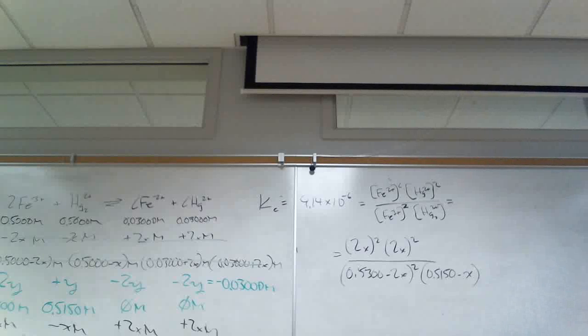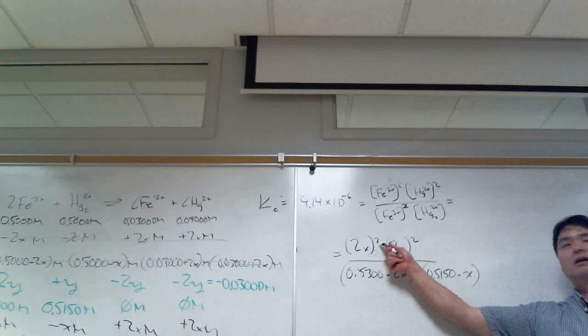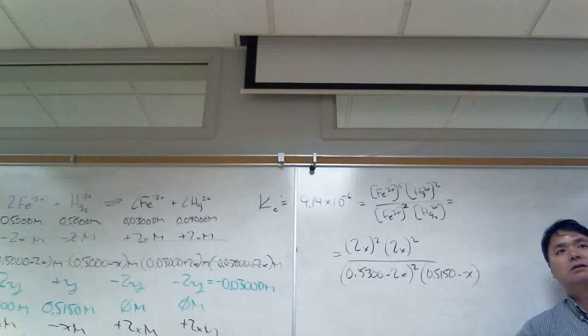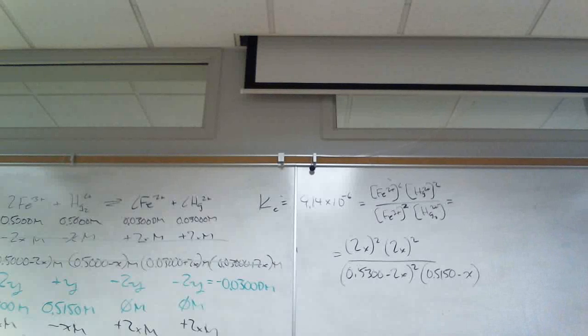And so the math is a little bit easier, but it's still a 4th order equation. It's still a 4th order equation, and so I don't have a calculator that does it, and so I'd have to use the guess and check unless there's some other thing I might try to do.